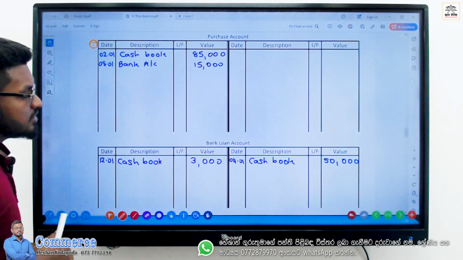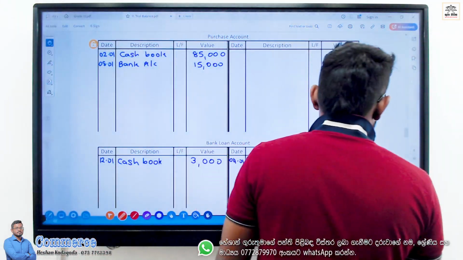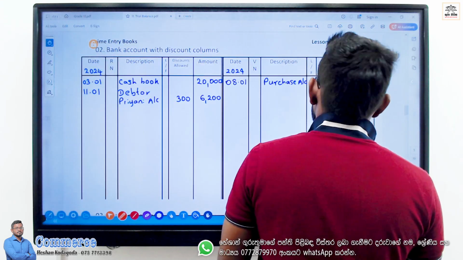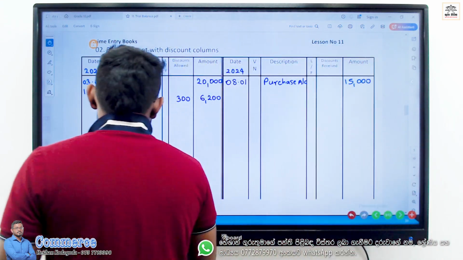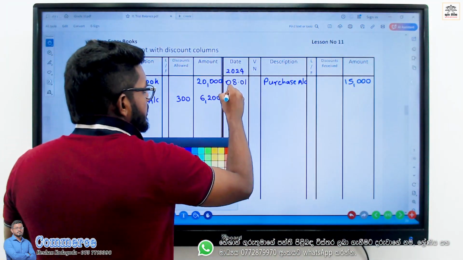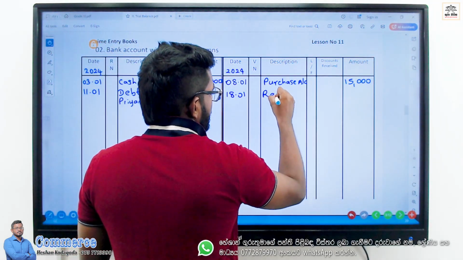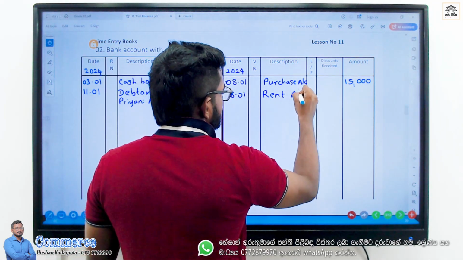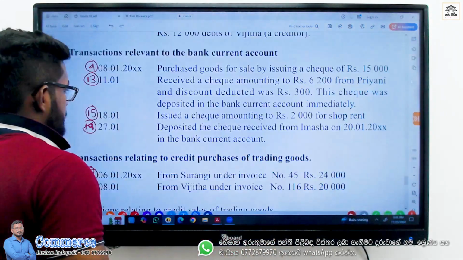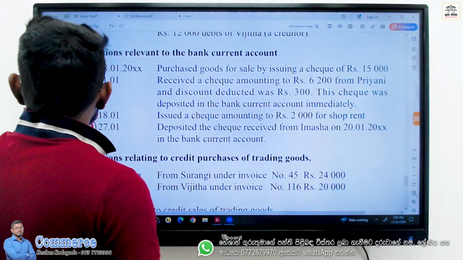Let's go to the 18th bank account, January. Rent account. How much? It's rupees 2,000.